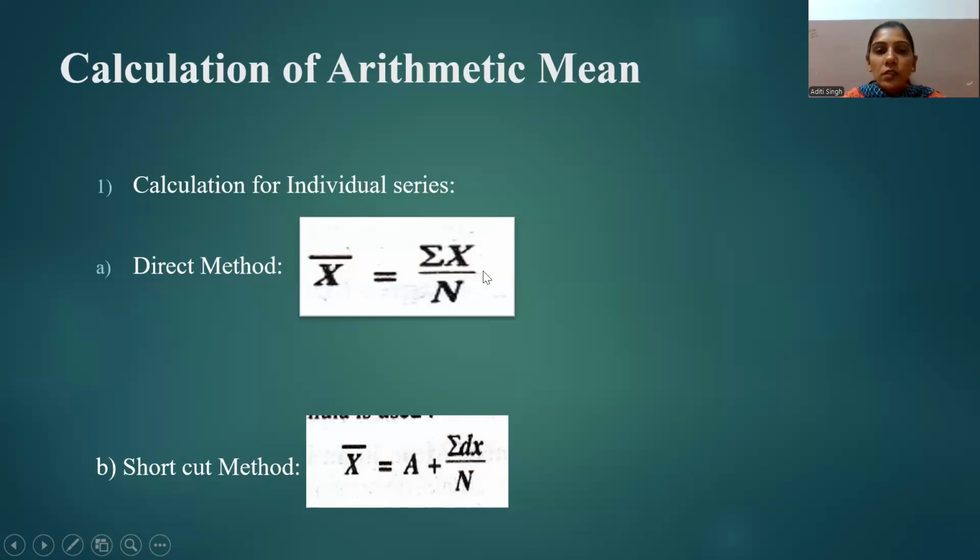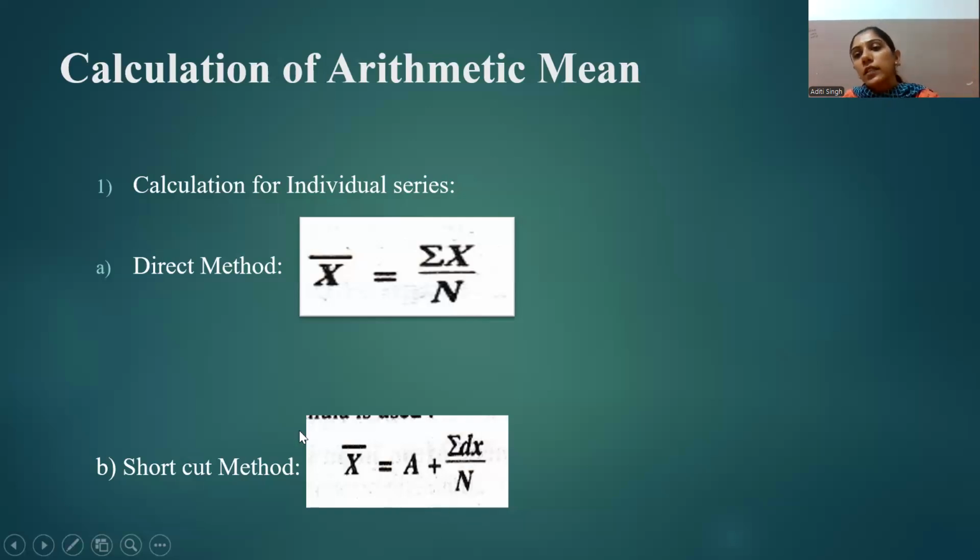So let's first understand the calculation of individual series with the help of the direct method. The formula for both methods is different. For the direct method, the formula is mean equals sigma x upon n, and for the shortcut method, mean equals a plus sigma dx upon n.